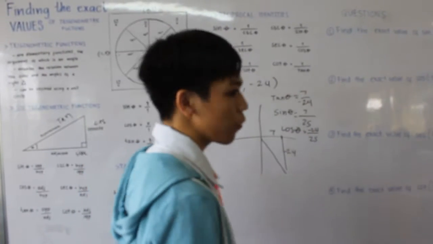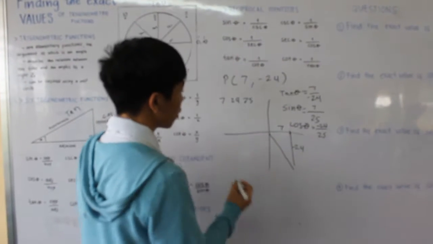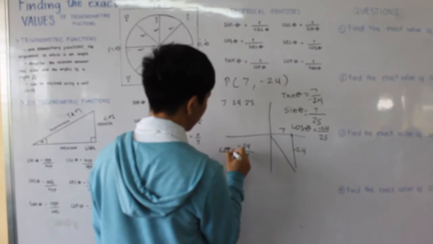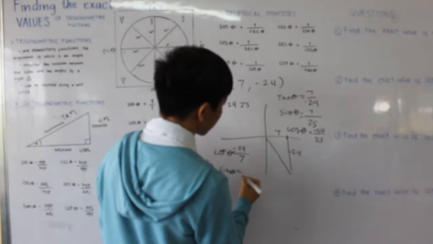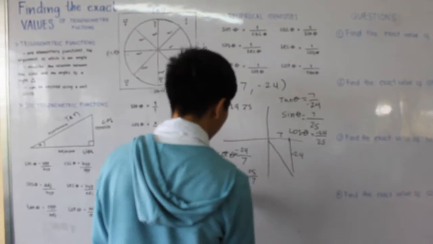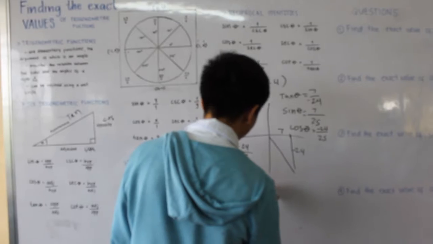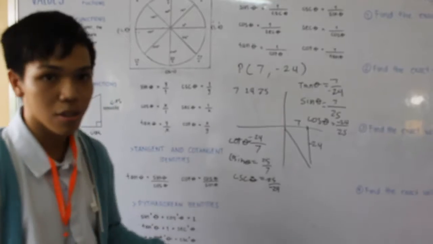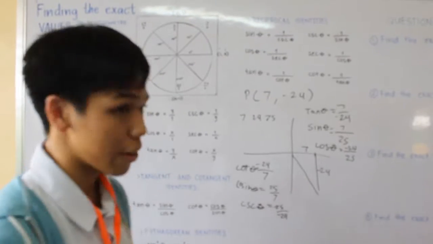Now, all we have to do to find the other reciprocal identities, we can use cotangent as negative 24 over 7. Let's go to cosecant. And for sine theta, we can use cosine: 25 over 7. And cosecant theta is equal to 25 over negative 24. So that's how to get the numerical values of the trigonometric functions without using a calculator.